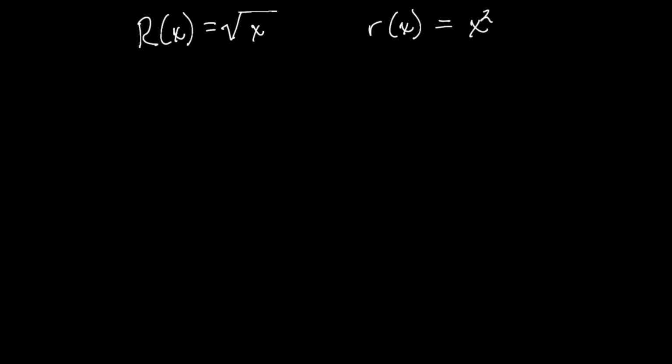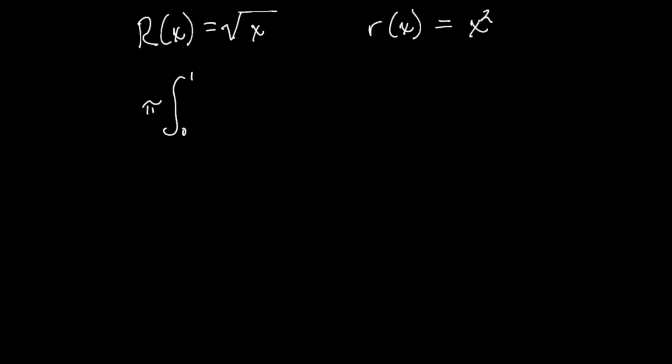All right, so we've agreed that big R of x is the square root of x because it is above x squared in between 0 and 1 where they intersect, okay? So what we're looking at doing here is from 0 to 1, don't forget to multiply by pi r squared.